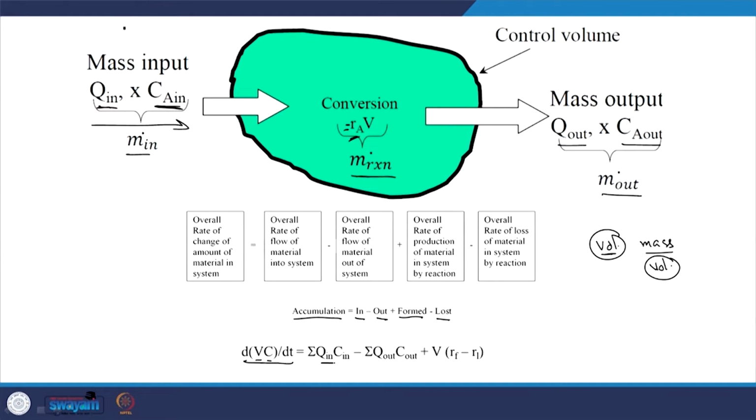Summation of all the mass coming in via the flow or due to advection, Qin Cin, that is something that we looked at, and all the flow that is leading to loss of the mass or mass output. So, mass in and mass out, and then the compound being formed or lost, and we multiply by volume so that the units stay the same here. So, that is what we have out here.